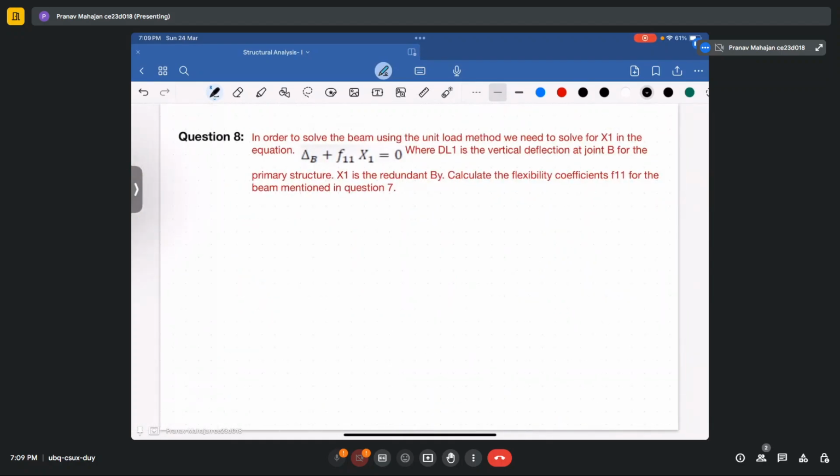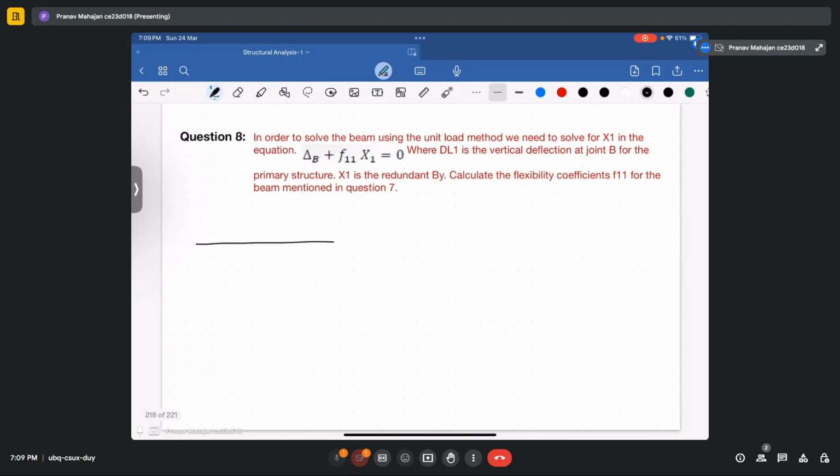Now we are required to have upward deflection. So for this, apply a unit load at the point where the redundant force is considered. So your reactions at the ends will be 0.5 and 0.5. If you draw the bending moment diagram for this structure, you will get it like this, and the value will be 6 upon EI, and this will be a negative bending moment.